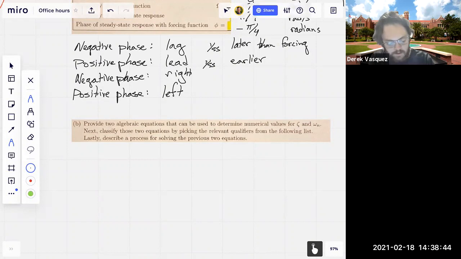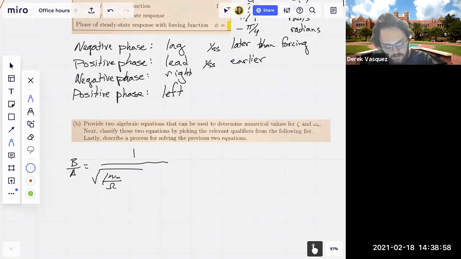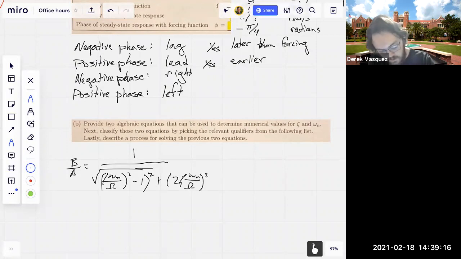And so they are that our amplitude ratio, B over A, is equal to 1 over the square root of (omega n over omega squared minus 1) that whole quantity squared, plus (2 zeta omega n over omega) squared.